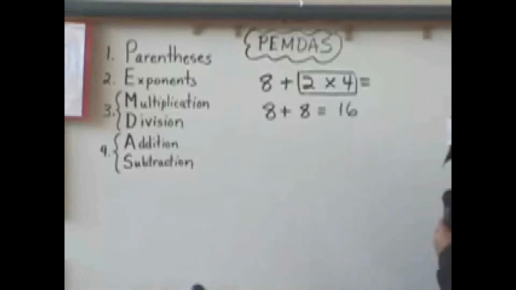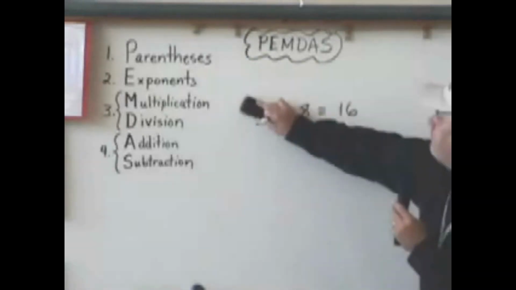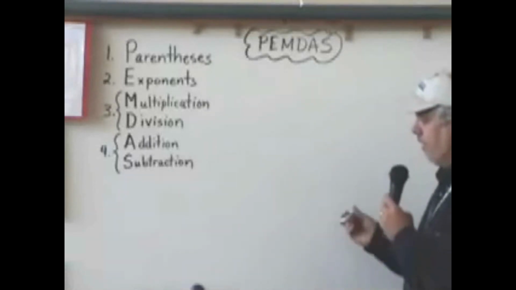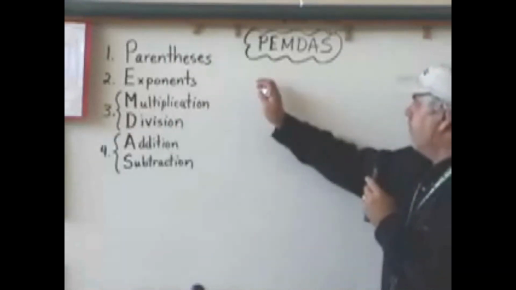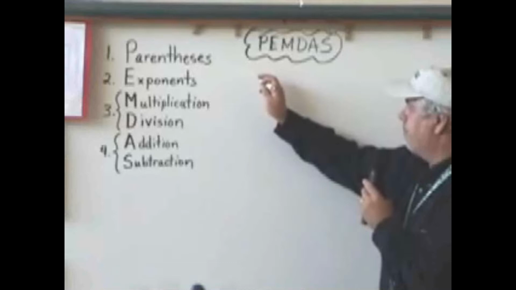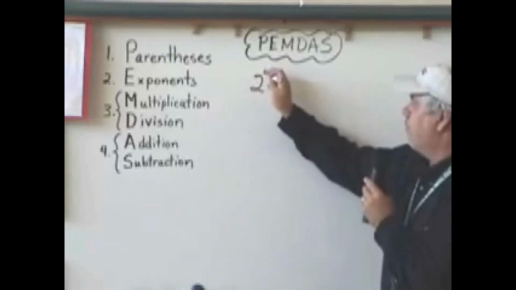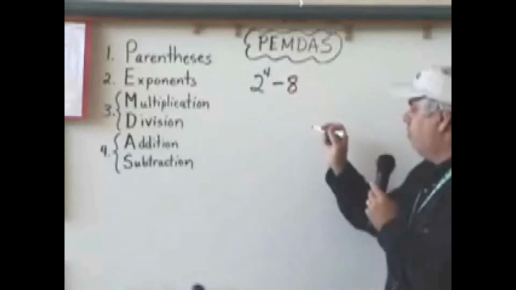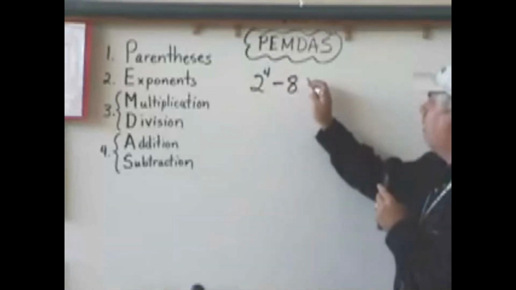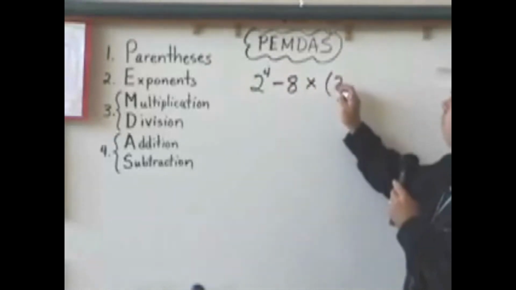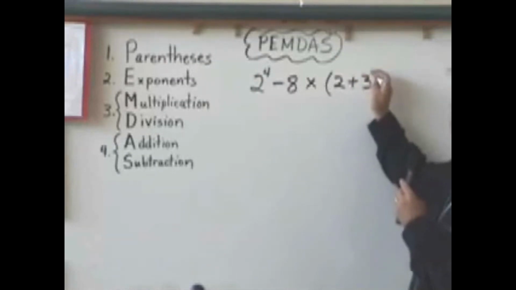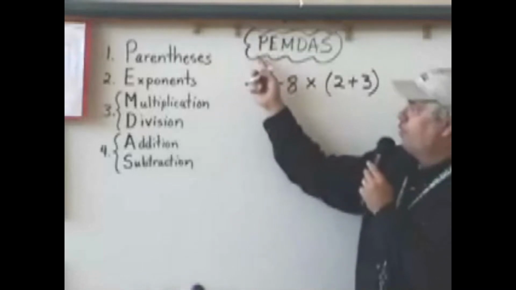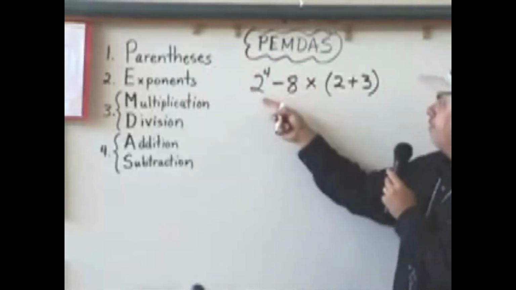Let's choose another one here. Let's do this one. 2 to the 4th power minus 8 times 2 plus 3. What does that equal? Okay, I'm going to do parentheses first.